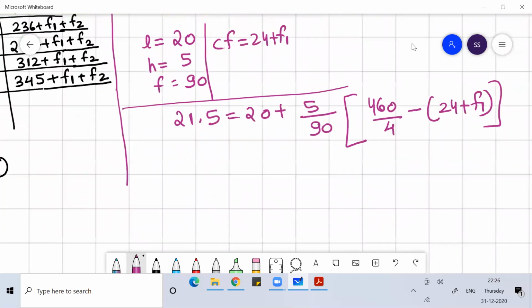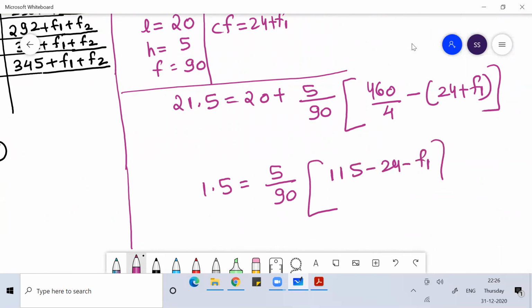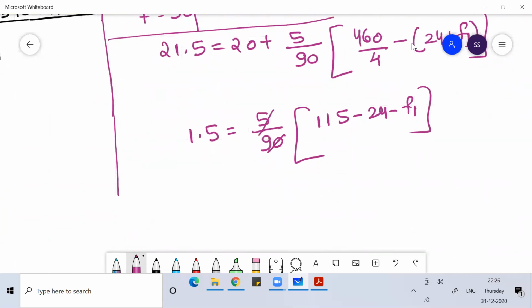So you can solve this. 21.5 minus 20, that will be 1.5, is equal to 5 by 90, you can write that as 1 by 18, into (115 minus 24 minus F1). So this I can write as 18 into 1.5, so 18 into 3 by 2, which is 27. So 115 minus 24 is 91, then this is 91 minus F1.